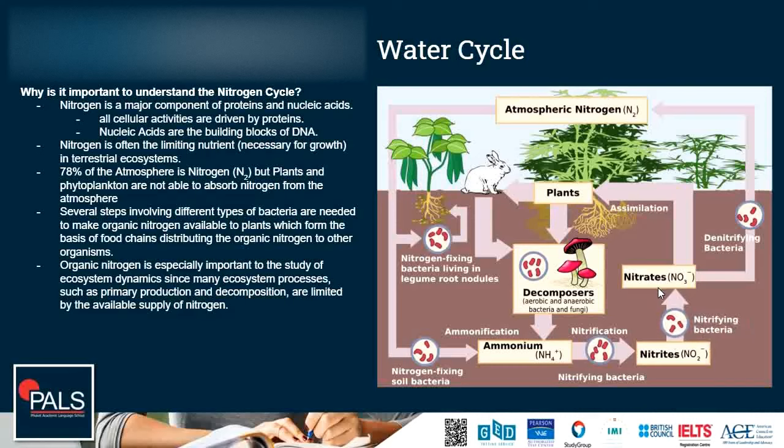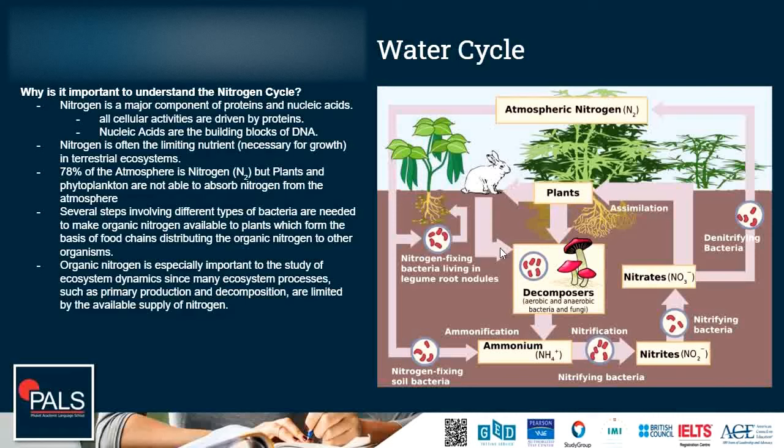And nitrate is the form of nitrogen that we want. Nitrate can be absorbed and used by plants to build their amino acids and proteins, and then animals or other consumers feed on plants and get their nitrogen this way.